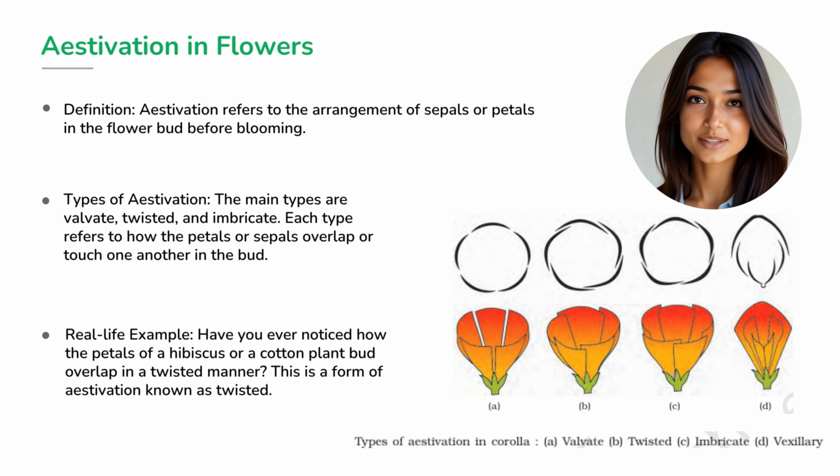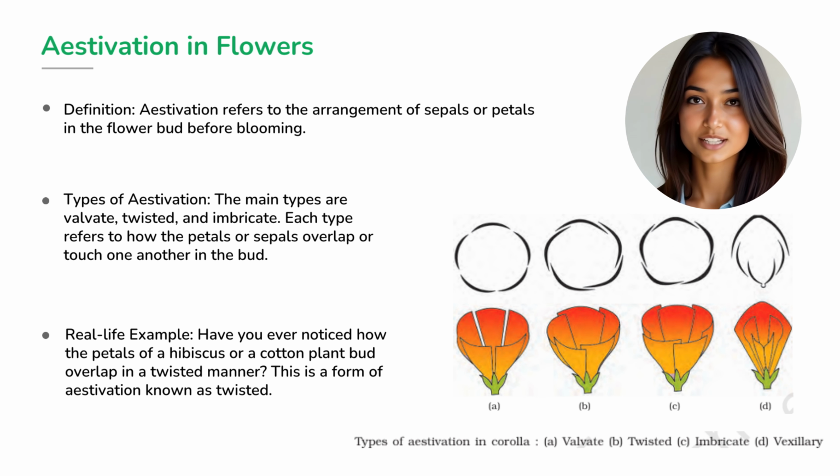Let's explore something a little more subtle but just as fascinating: aestivation. This refers to the arrangement of the petals or sepals in the flower bud. These structures are arranged in different ways before the flower blooms, and this arrangement can tell us a lot about the flower. There are three main types of aestivation: valvate, twisted, and imbricate.